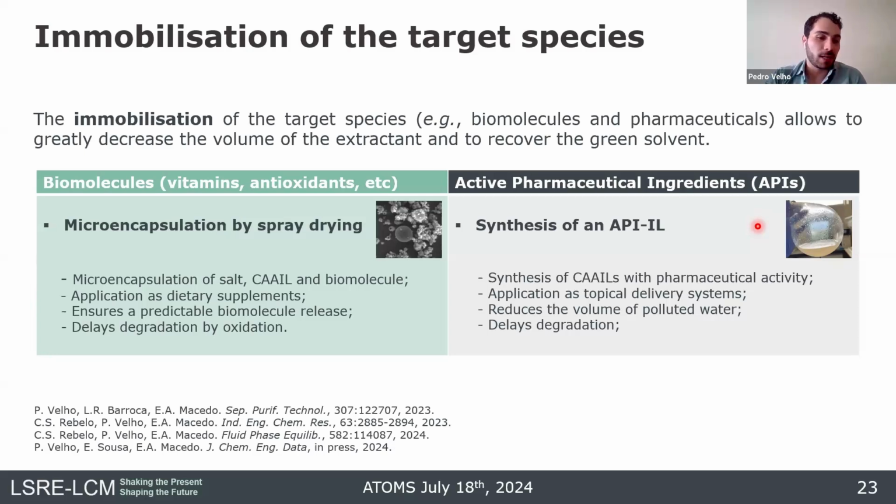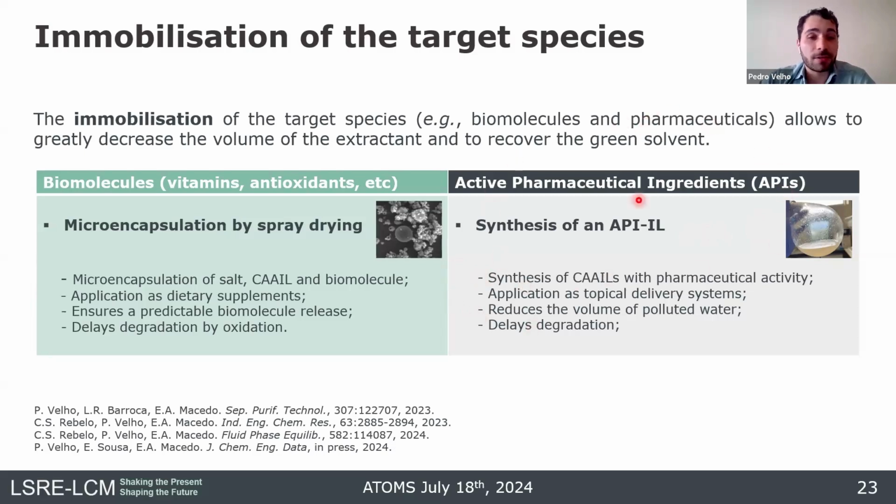Then we microencapsulate all these phases, the final objective being to make dietary supplements which can be used to tackle hair loss or premature aging, taking advantage, for example, of the antioxidant activity of some compounds. Microencapsulating biomolecules ensures a predictable biomolecule release and also delays degradation by oxidation.